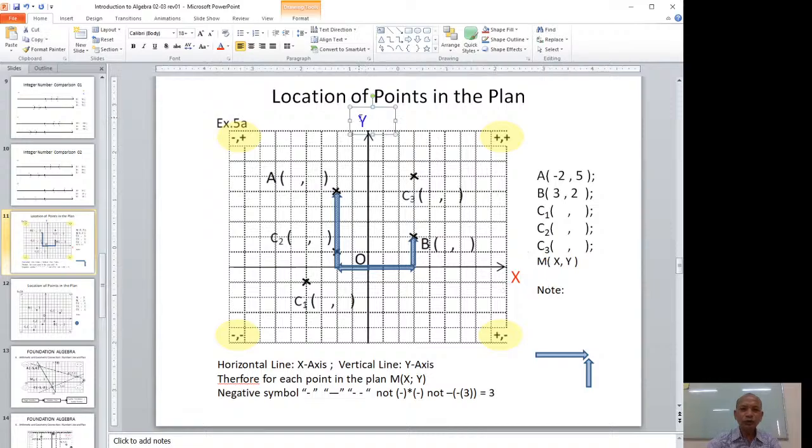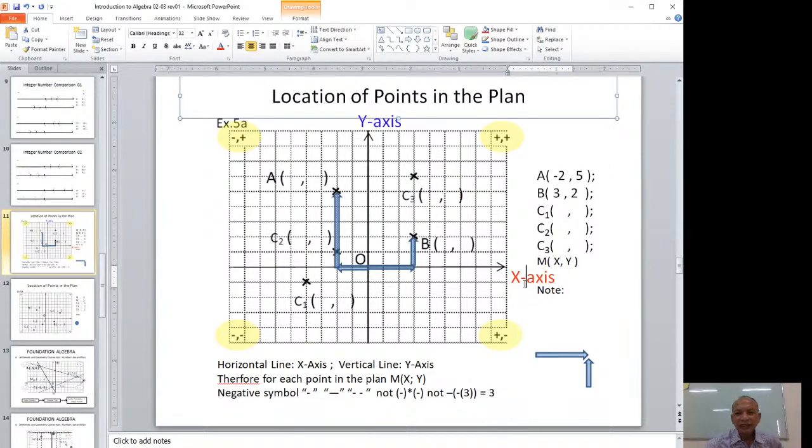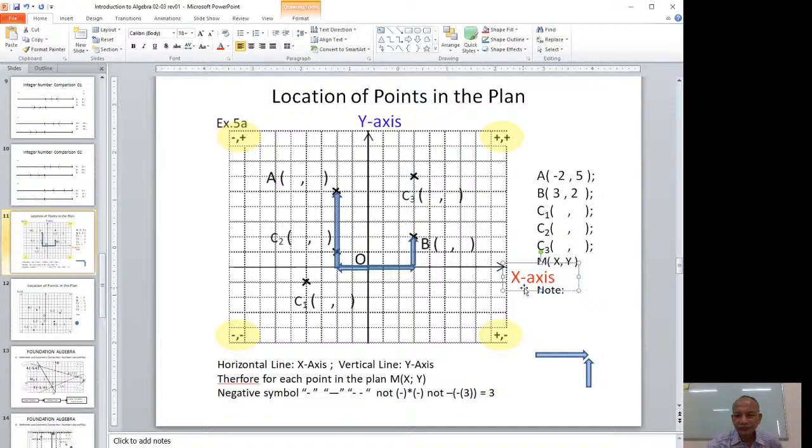This is called the x-axis, and up there is the y-axis.